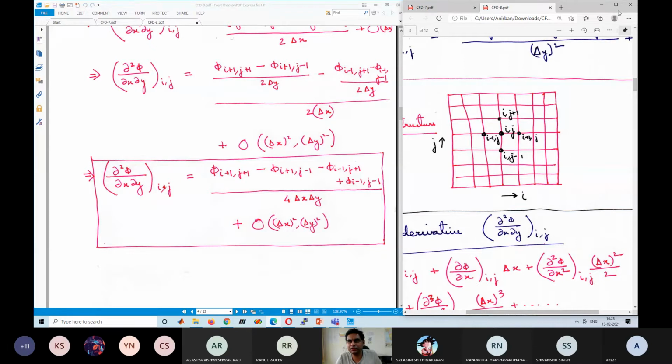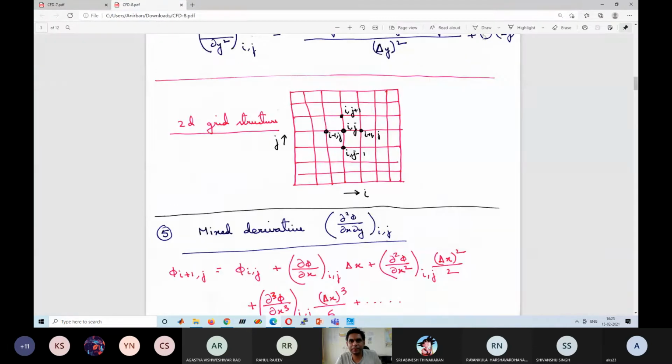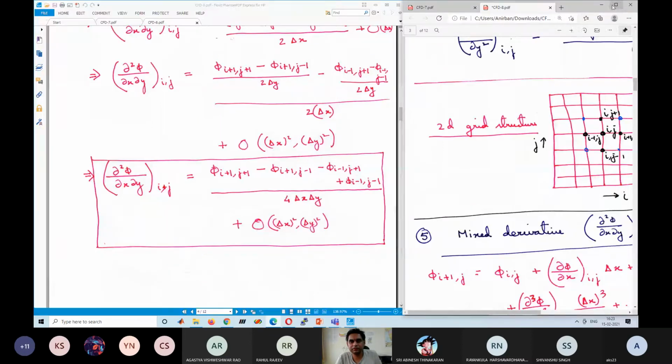Okay, let me just show a marker. This value minus this value minus this value plus this value. Okay, these two are plus and these two are minus. Divided by 4 delta x delta y. Okay, so this is our mixed derivative term.